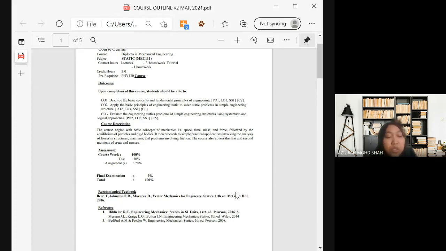So jangan ingat kalau ODL boleh lulus saja, and you know that this static is a prerequisite for 3 other subjects in semester 3. Now you are in semester 2, right? Okay. So apa subjek yang static ni jadi prerequisite? You have 3 subjects.